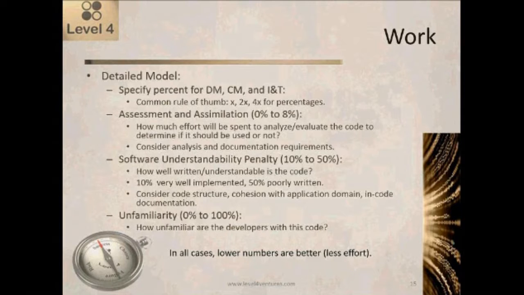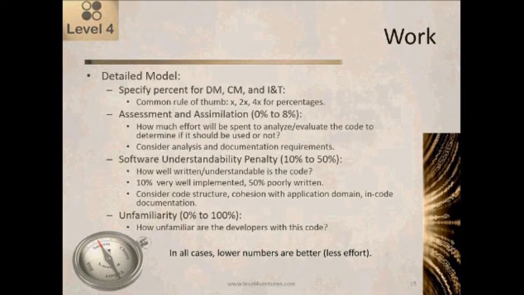So if we wanted to say, we're going to change 2% of the design, we're going to change 4% of the code, and then we're going to do 8% integration and test, you can do that. If you wanted to say, we're going to change the design 0%, but we're going to rewrite 100% of the code, and then we're going to do 100% integration and test, you can do that. You would just set it to 0, 100%, 100%.